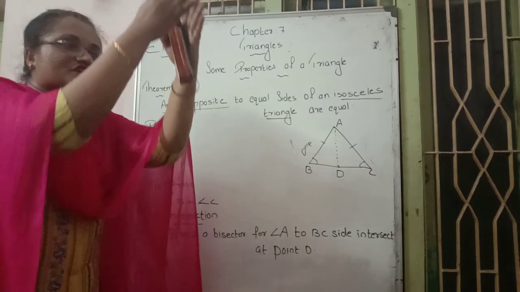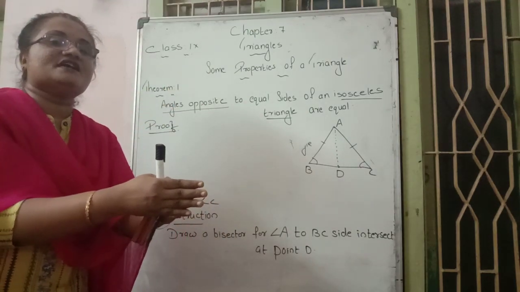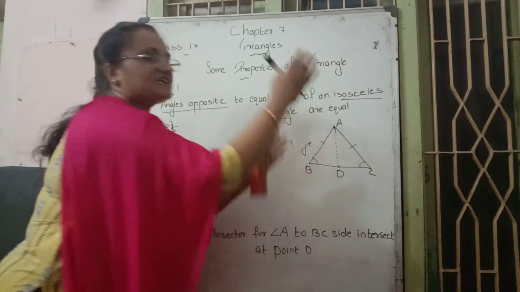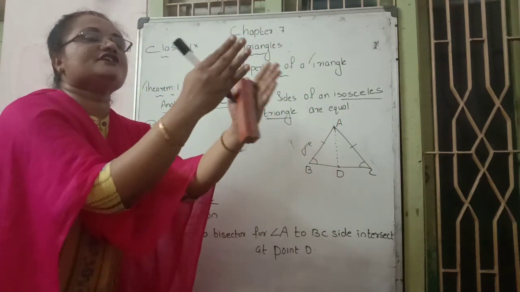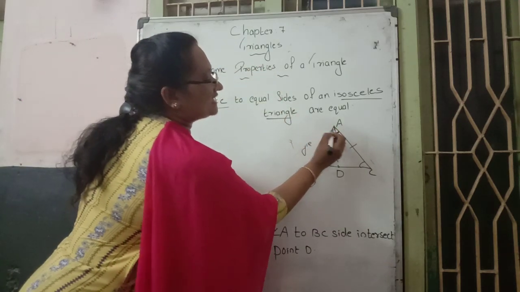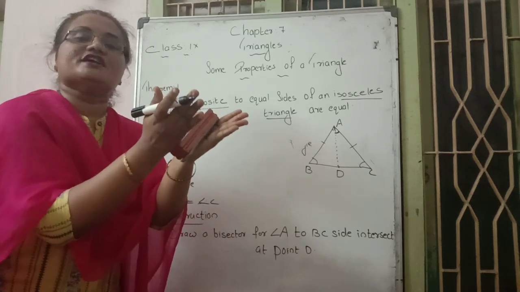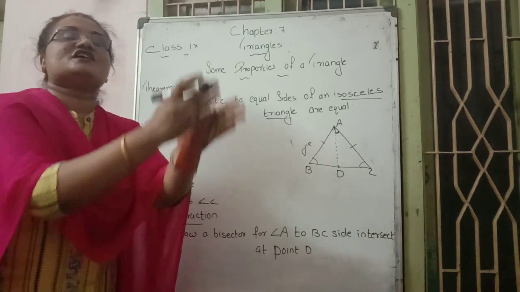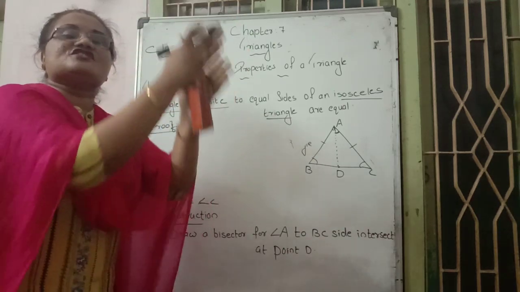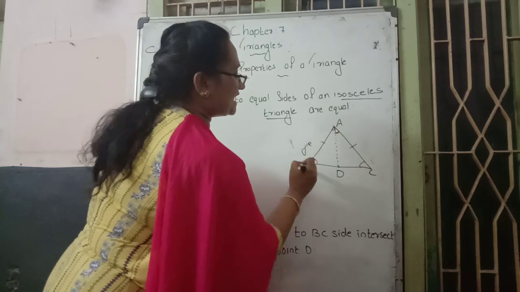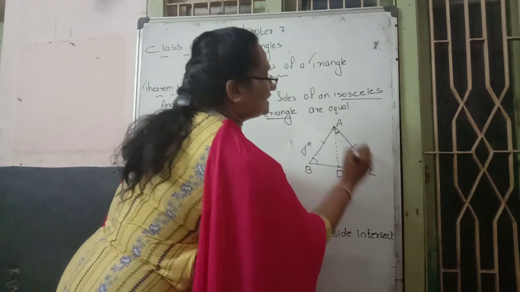Here, when drawing the bisector, it cuts our angle A, the vertex A, into 2 equal angles, one angle here and another here. In the same way, that bisector cuts our triangle ABC into 2 triangles, which are ABD and ACD.